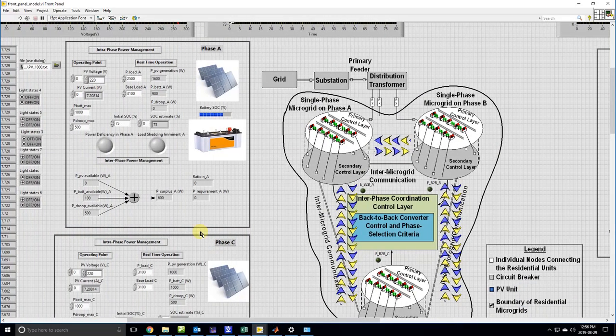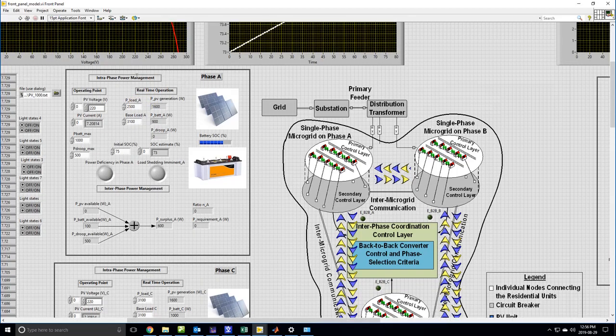Okay, so let's say that we are only catering for the interface power management strategy. Let's say that the loading in phase A is less than the base load. So let's say we take 2500 watts as the loading in phase A. Now if this is set up, we have to also set up the PBAT max, which is the maximum battery power which can be supplied at any time, and also the P droop max, which is the maximum droop power which can be contributed.